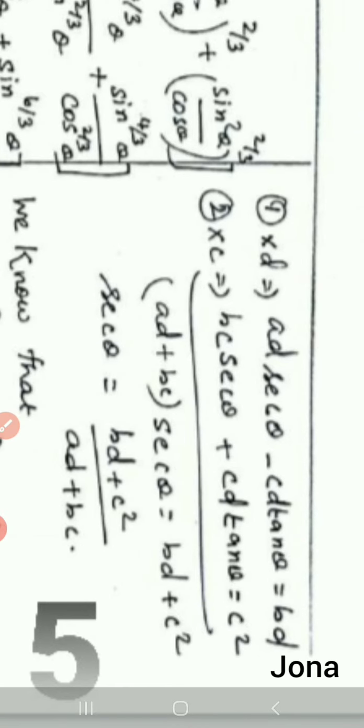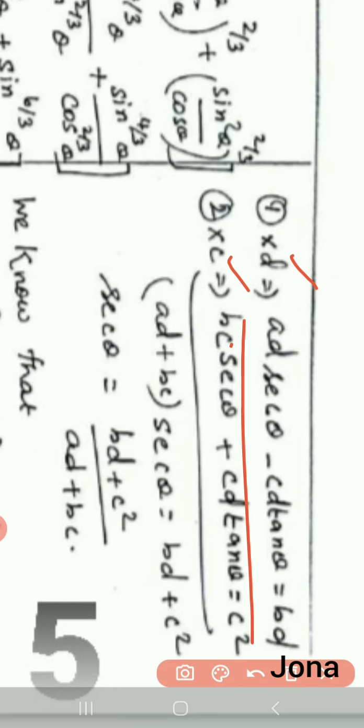And then again I want to find the value of secant theta. So I want to multiply the first equation with d and second equation with c. So that I get ad secant theta minus cd tan theta equal to bd. And second equation by c means I get bc secant theta plus cd tan theta equal to c square. I want to add both the equations so that these two get cancelled.